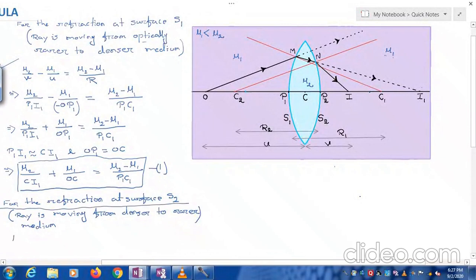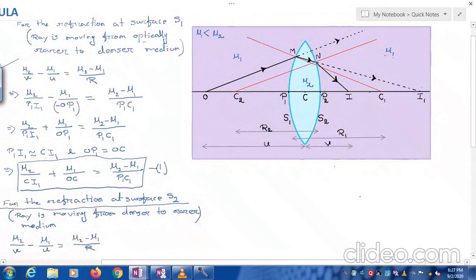See, again we will apply the same formula, that is mu2 divided by V minus mu1 divided by U is equal to mu2 minus mu1 divided by R.